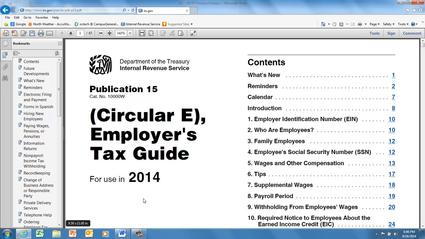But if you're looking online and you've gotten to this Publication 15, notice that it says Publication 15 and Circular E on here, and it has the date. This is for use in 2014, and that's what we want. Each year, of course, you'll have that year's Circular E. It's available by the beginning of January.